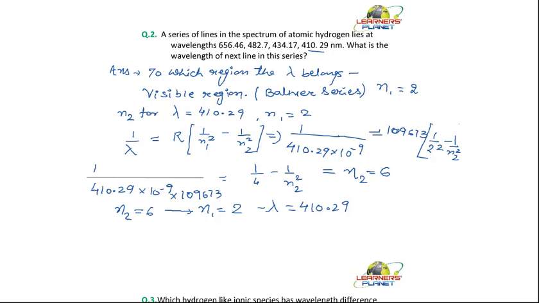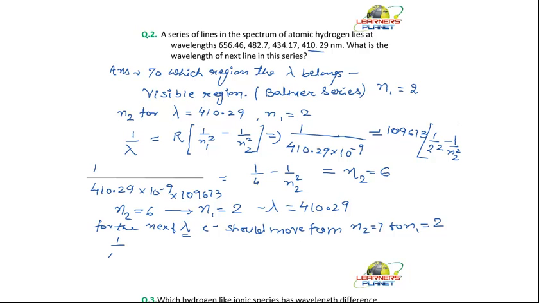For the next wavelength, the electron should move from n2 equal to 7 to n1 equal to 2.